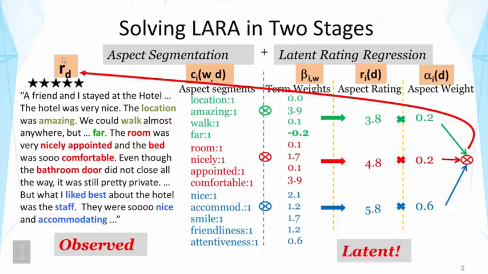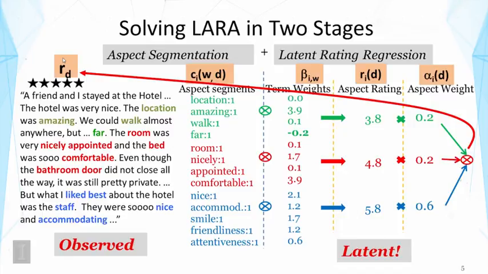And then we're going to set up a generation probability for the overall rating given the observed words. And then, of course, we can adjust these parameter values, including betas, R's, and alpha I's, in order to maximize the probability of the data. In this case, the conditional probability of the observed rating given the document.